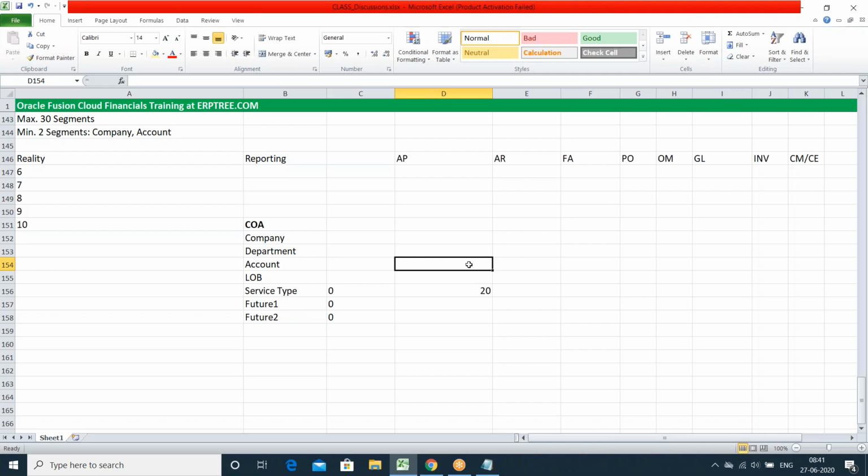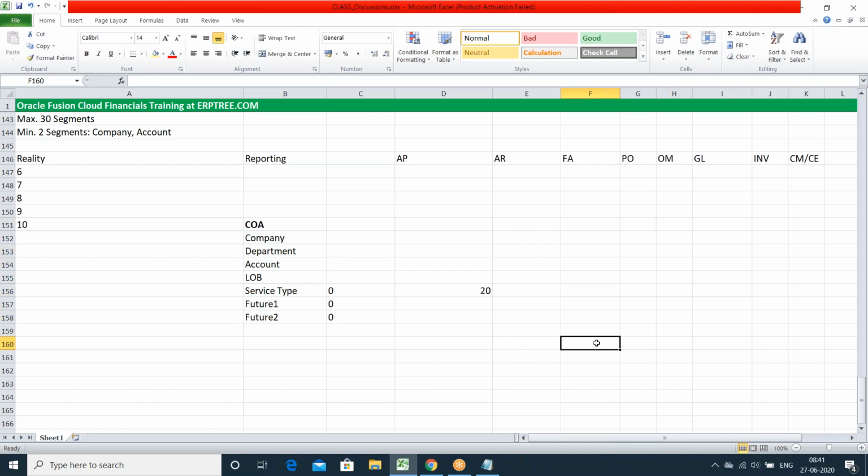See, product line is different from product. Product means which item you are dealing with, what product you are purchasing, what product you are selling. Say you are in the manufacturing industry, using Oracle Fusion Finance.